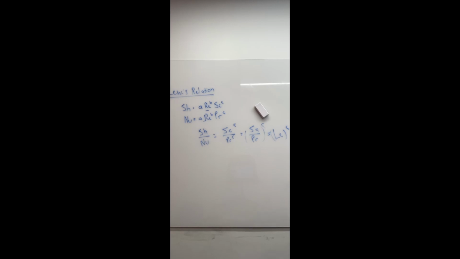So we could actually describe what that means. We know what Schmidt's number is, and we also know what Prandtl's number is, and that'll all be to the C. So Schmidt's number is equal to, I guess we just write like this, nu, the most efficient way to do it.